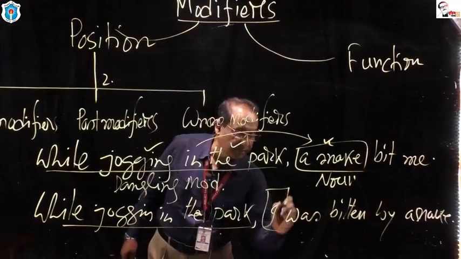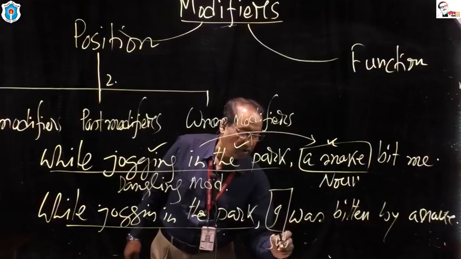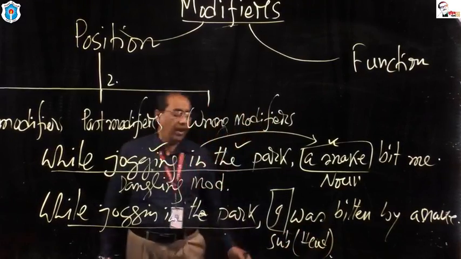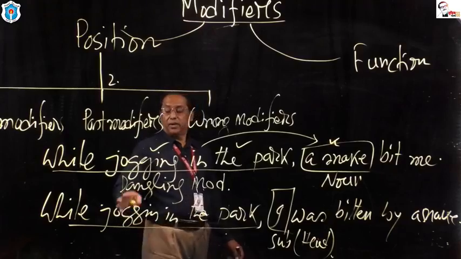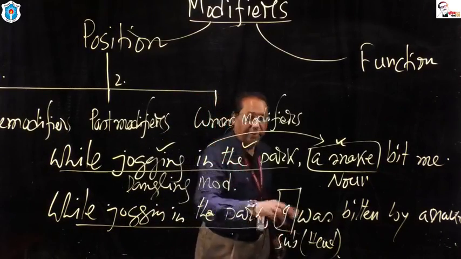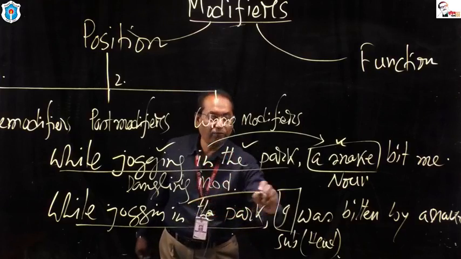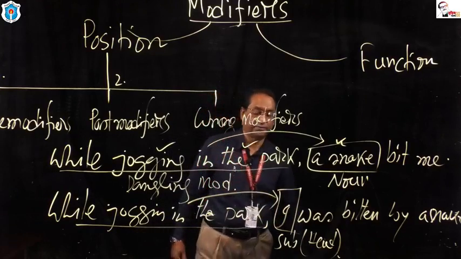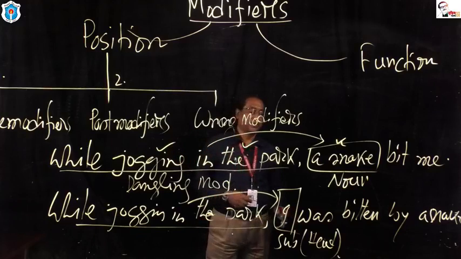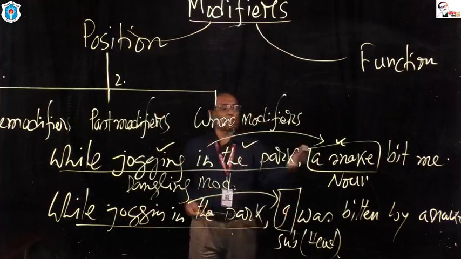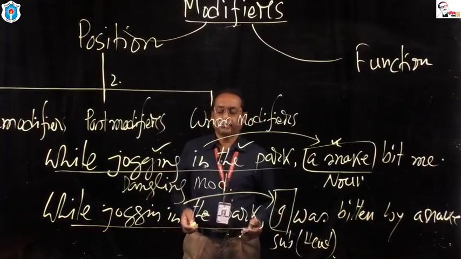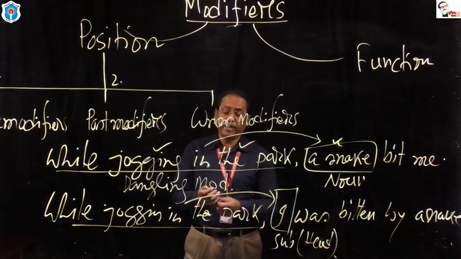Here I is the subject or the head word. এখন দেখো, যখন জগিং করছিলাম তখন আমি আসছে। সো এখন এই ফ্রেজটি আইকে মডিফাই করেছে। এখন ঠিক আছে, আমি জগিং করছিলাম, আমাকে মিন করেছে। আমি যখন পার্কে জগিং করছিলাম তখন আমাকে সাপে কামড়িয়েছিল। সো ড্যাংলিং মডিফায়ারটা কি?